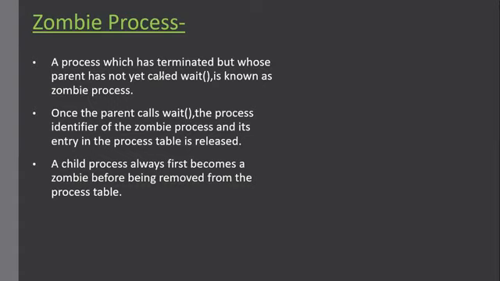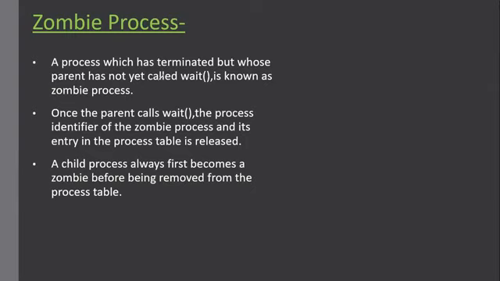So basically, when the child terminates, a status is generated which is sent to the parent, and the parent, on receiving that status, removes the child from the process table. Because the process has terminated, the operating system will deallocate all the resources acquired by the child, but the parent will remove the entry from the process table.